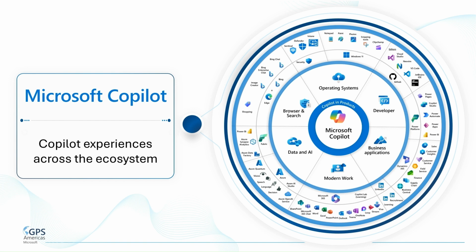The ones that we'll highlight today is the data and AI, and in there we'll highlight Azure AI Studio, the developer experience with Copilot Studio, and the modern work with Microsoft 365. We'll actually start off with the Microsoft 365 Copilot. We'll jump into the Copilot Studio, and then we'll do the Azure AI Studio. This is what we'll highlight and do our demonstrations against.